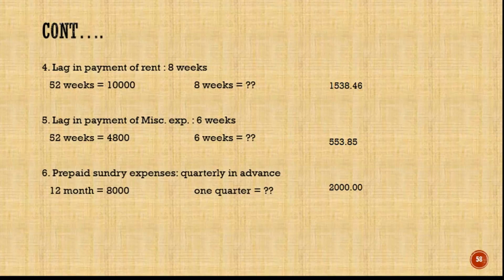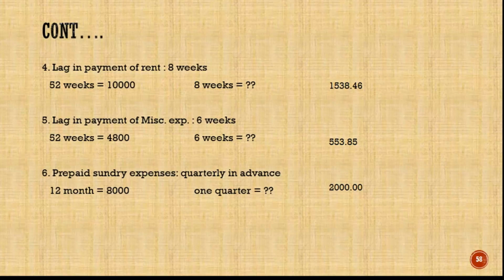For outstanding rent, the amount is 1,538.46. For outstanding miscellaneous expenses, 553.85. And for prepaid sundry expenses, that is expenses paid in advance, 1 quarter. So directly we have divided by 4 and the amount arrived is 2,000.